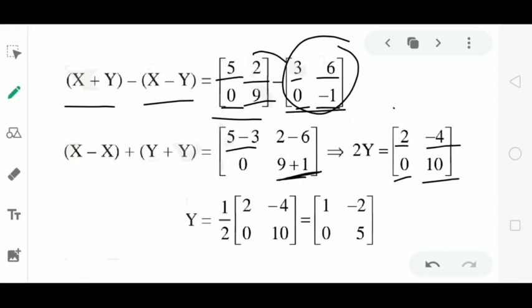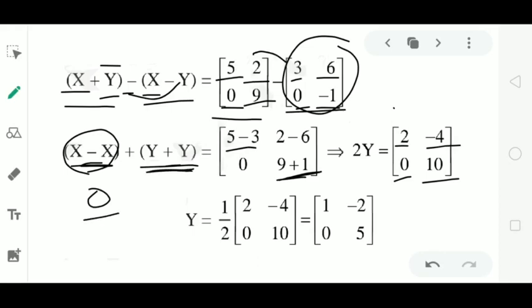So we write X minus X as the first term and Y minus into minus, that is plus Y, as the second term. Again here, X minus X is a 0 matrix. A 0 matrix plus any matrix will give us the same matrix.